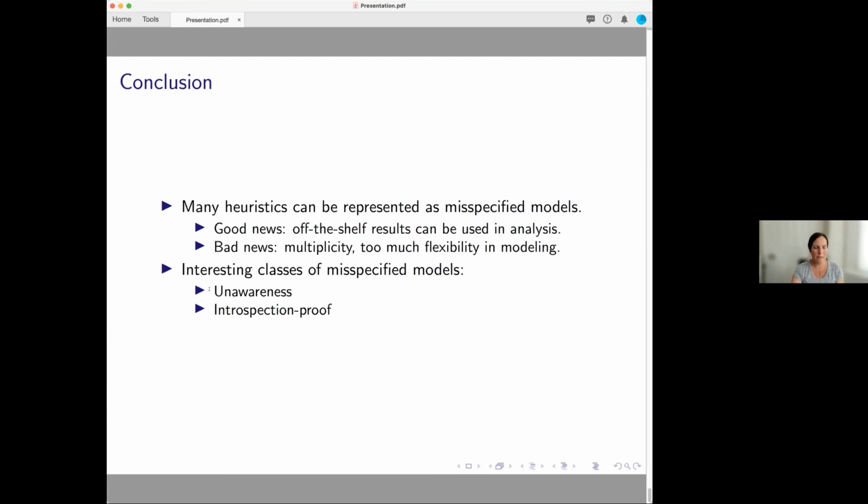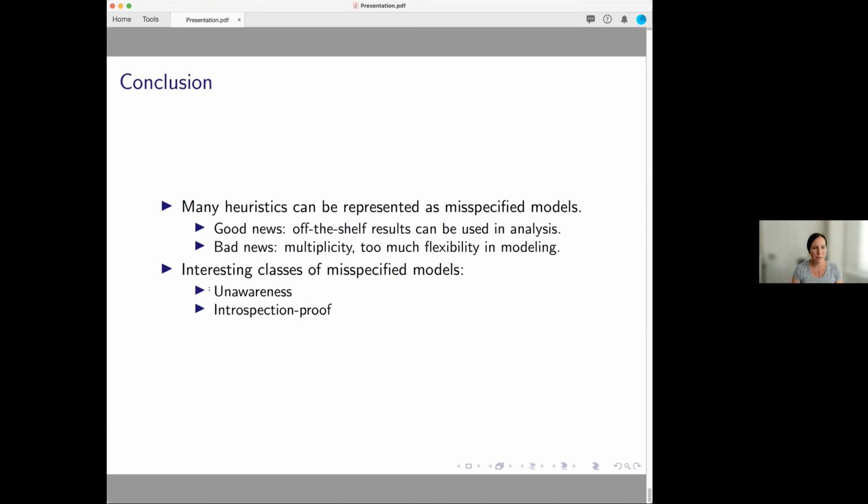Unawareness is relatively more novel, but both of them are properties that you could just say, I'm going to start with a misspecified model. This is conceptually what I'm trying to capture. And in this conceptual setting, I would argue unawareness is compelling for settings like self-control problems or other settings where agents are naive about their bias, whatever conceptual bias you're capturing.